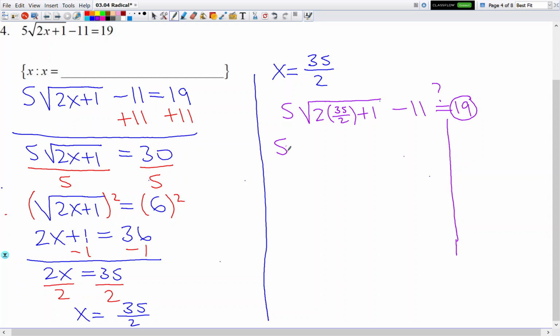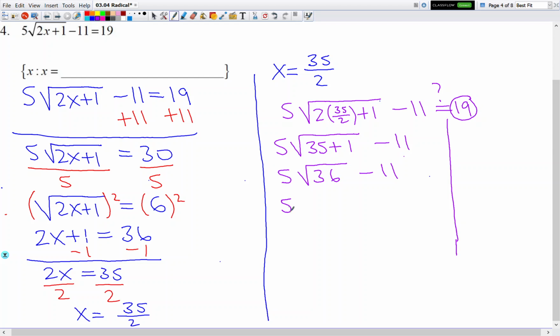So we got 5 times the square root of 2 times 35 over 2, which is basically 35, because the 2's cancel, right? The 2 on the top, the 2 on the bottom, they cancel out. So all I have left is 35 plus 1, and then minus 11. Then I got 5 times the square root of 36 minus 11.